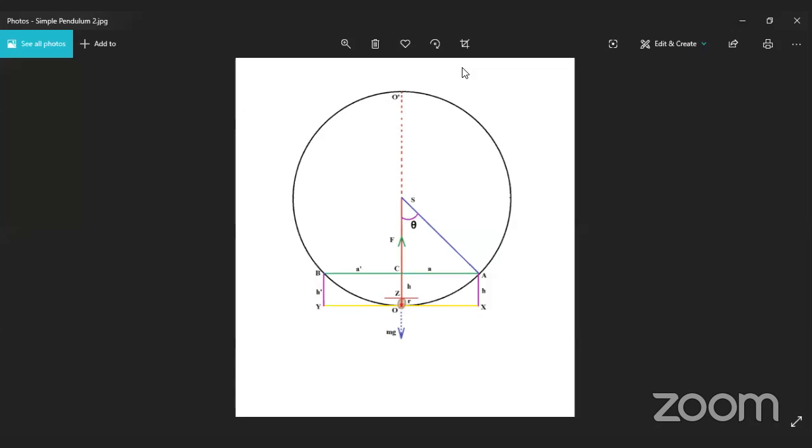When it moves from A to O, it gains kinetic energy, and from O to B it loses kinetic energy, and at the point B it has the same energy mgh. That means H equals H prime. These things are to be explained before them, and energy conservation too. If all these are their previous knowledge, they can draw the circle and prove that the square of the amplitude is proportional to the energy.